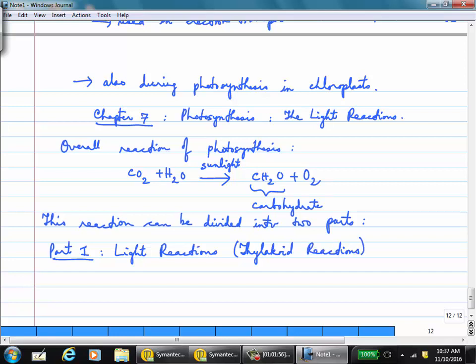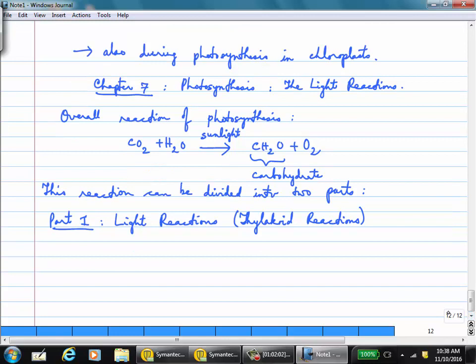And I will explain the reasoning behind this name, thylakoid reactions, in a few minutes, right? And what happens in this set of reactions is that you have two molecules of water in the presence of sunlight. They give you 4 hydrogen ions, plus a molecule of oxygen and 4 electrons, right?